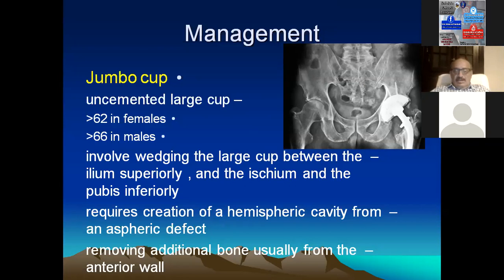Usually this technique is not easy. You need to remove more bone, and that's why we just use this in very elderly patients, where you just need to finish this operation as fast as you can.